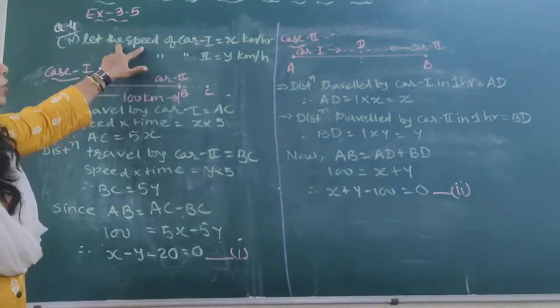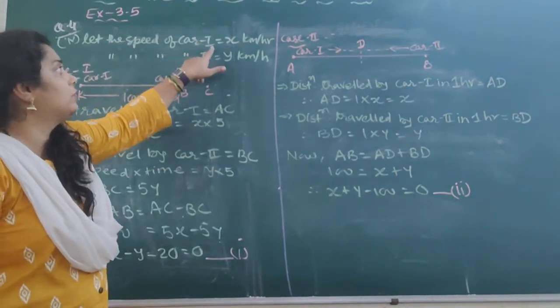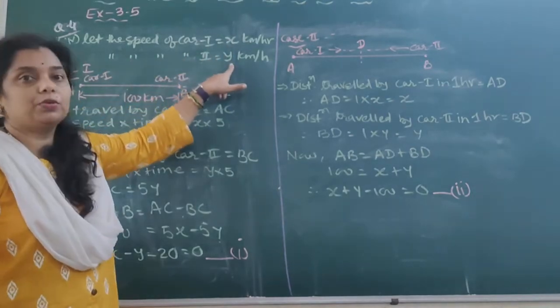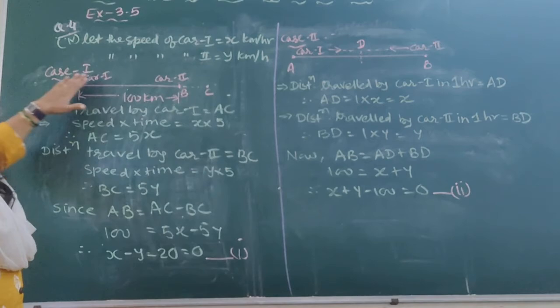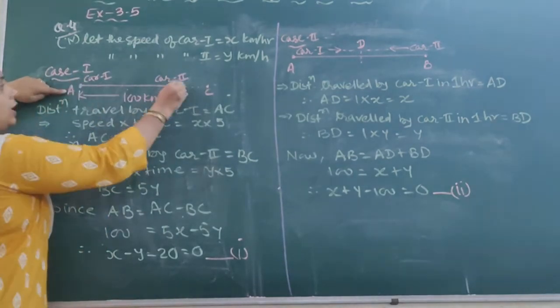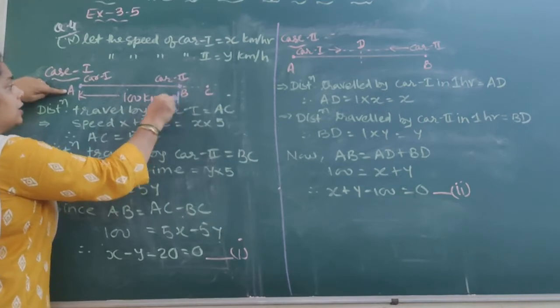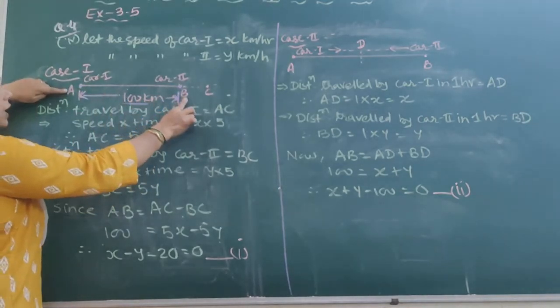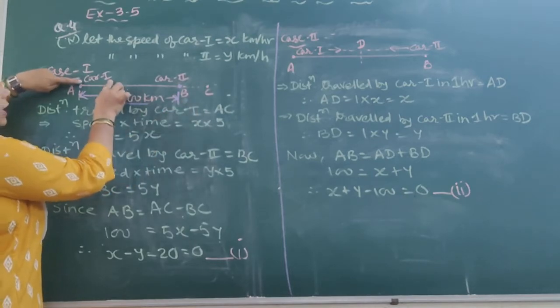First of all, the speed of car 1 is x kilometers per hour. The speed of car 2 is y kilometers per hour. Then this is case 1. In case 1, the distance between A and B is 100 kilometers.